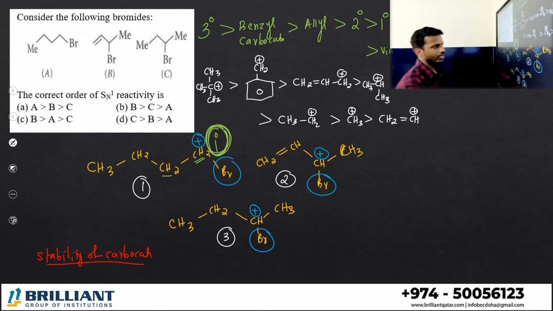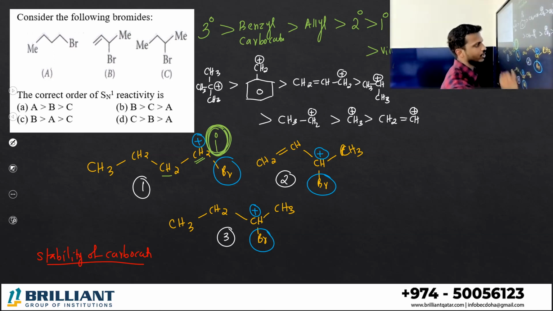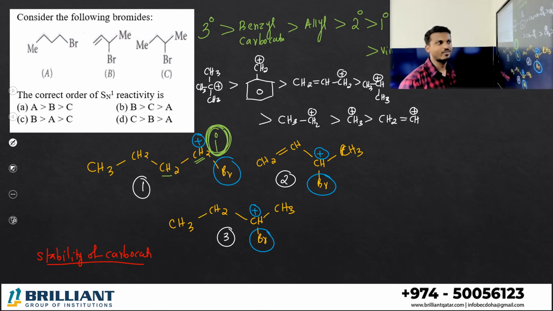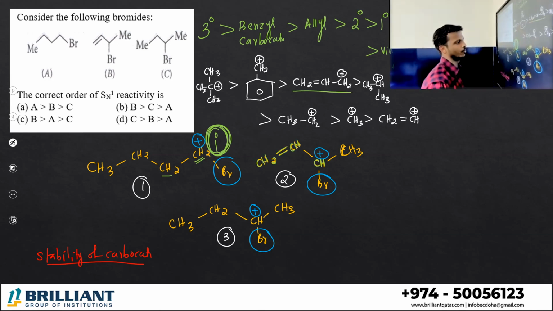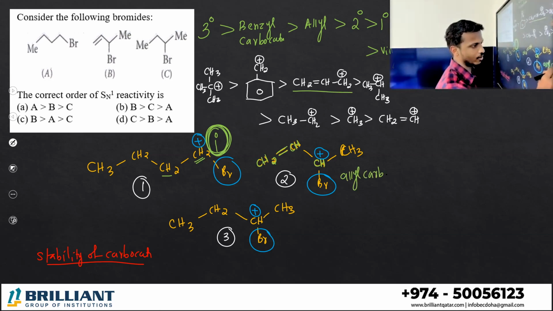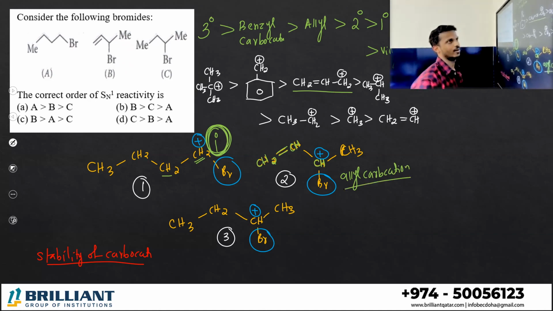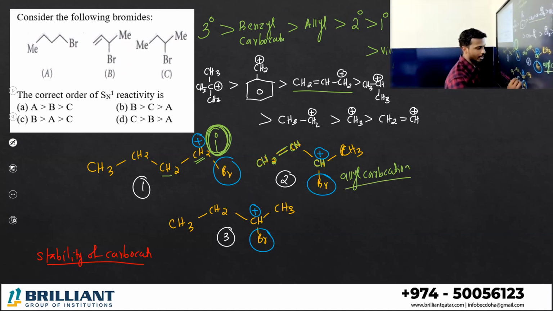What about the second? If you eliminate bromine, the CH carbon is actually secondary, and more than that, it is allyl. Why? The CH carbon is connected to another CH carbon with a double bond to CH2. This is an allyl carbocation. What about the last one? After bromine leaves, this CH carbon is directly connected to two carbons, so it is secondary.